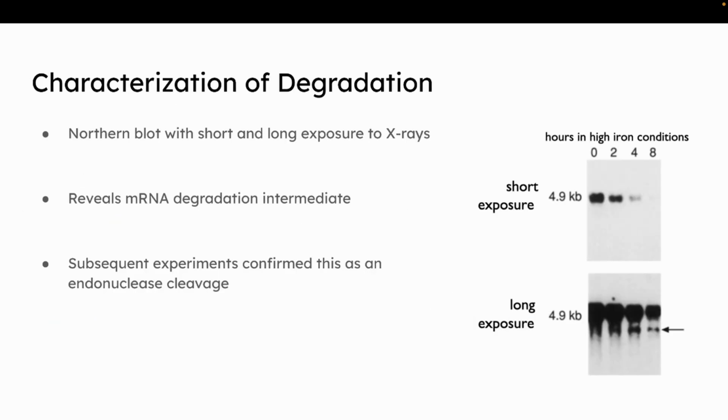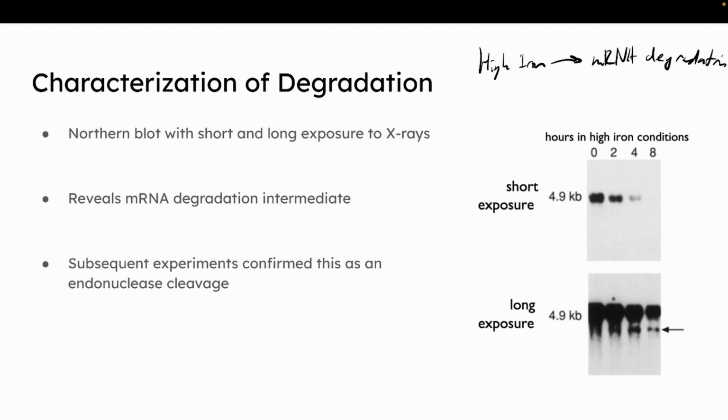Now, obviously, we want to see how this degradation works in the first place. So what they did was they ran a northern blot. You have mRNA, and you put it in a high iron condition. Remember, high iron should result in mRNA degradation, so you should start seeing less and less mRNA.